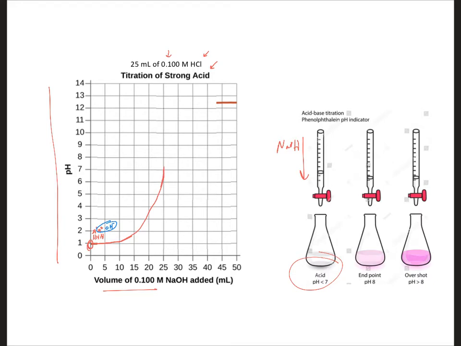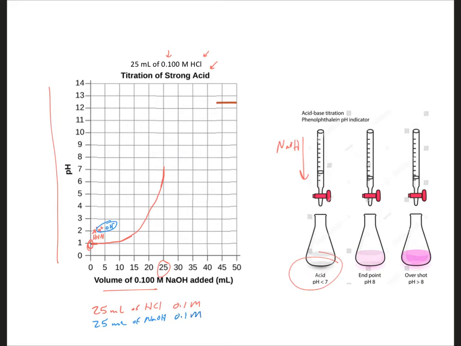By the time we have added sodium hydroxide drop by drop to the point that we get up here around 25 milliliters, what we have done is we have taken 25 milliliters of our HCl at 0.1 molar and added to it 25 mL of sodium hydroxide, also at 0.1 molar.